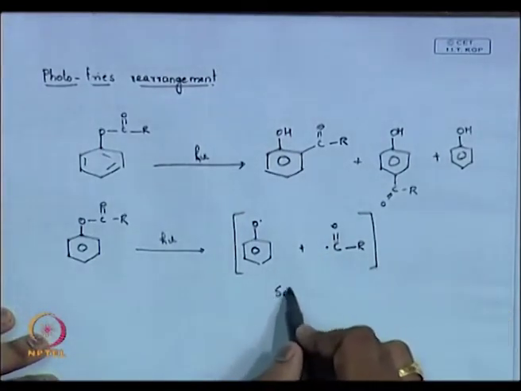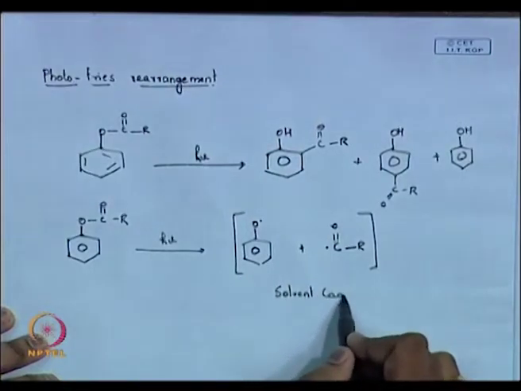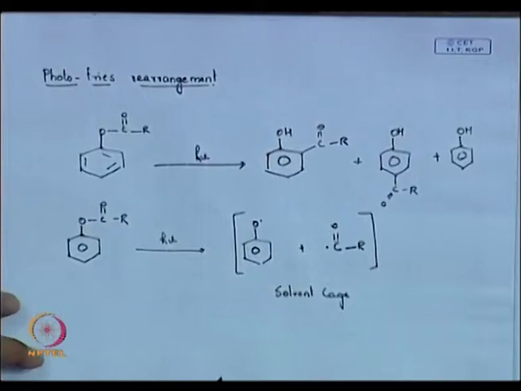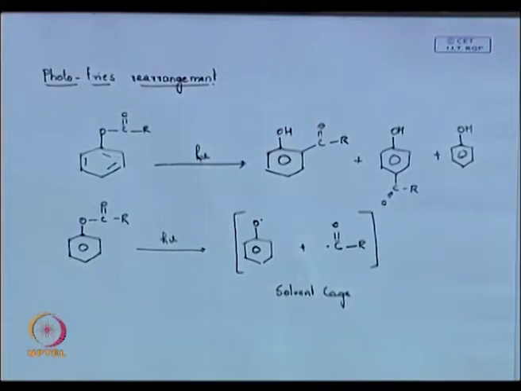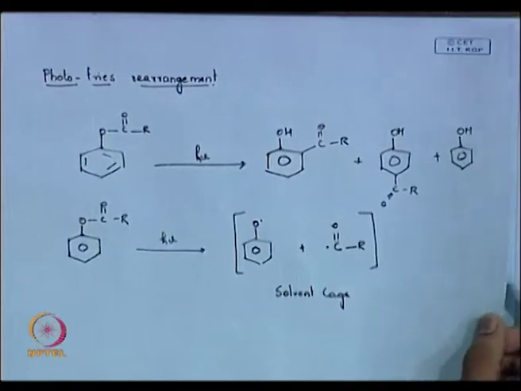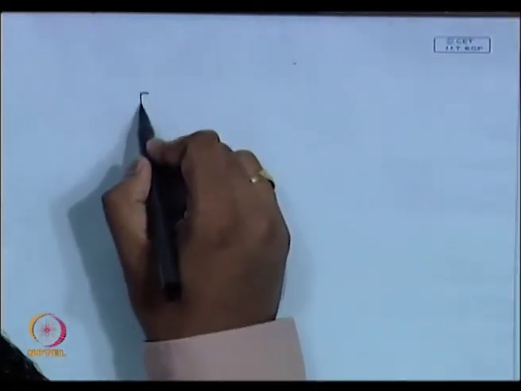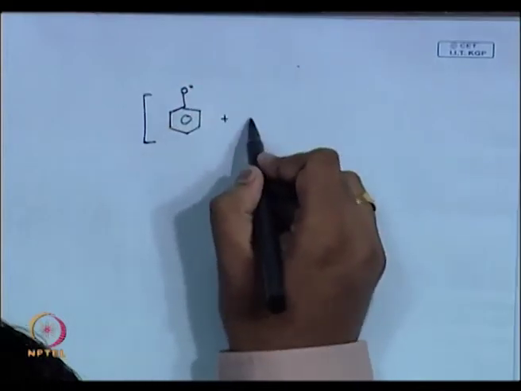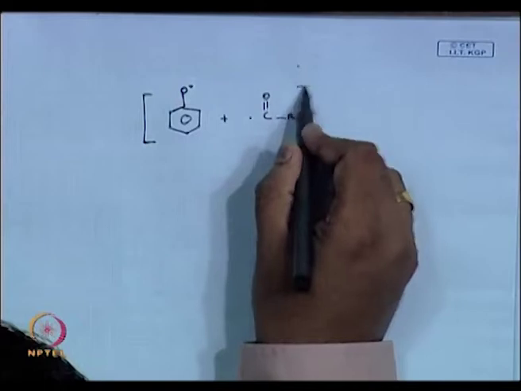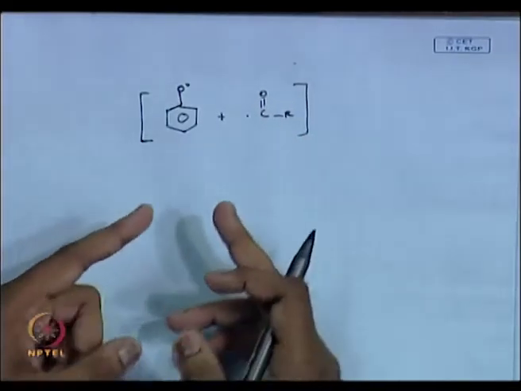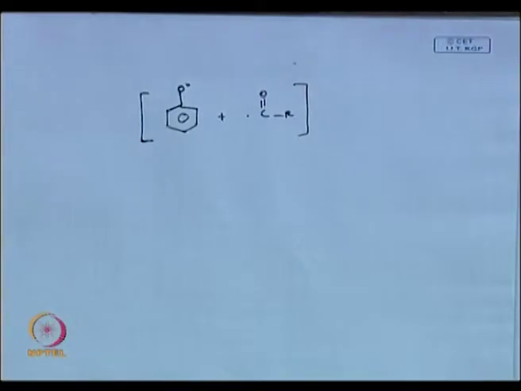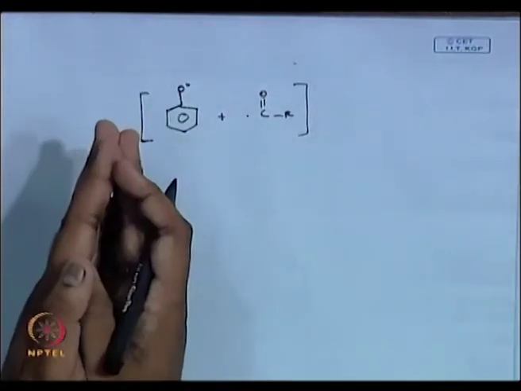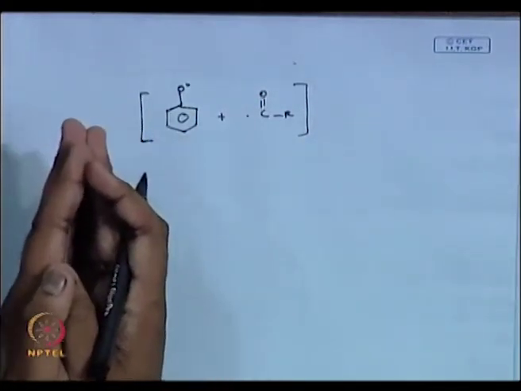This is what you call a solvent cage. That is why I always talk about diffusion, and these are very important when you talk about diffusion. Let us see, I will just write this molecule here one more time. These 2 radicals can diffuse. Diffusion is faster. Before diffusion, if they recombine, then you can see some sort of rearrangement happening.